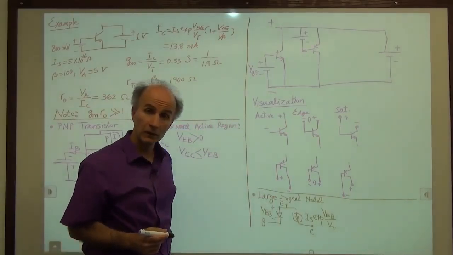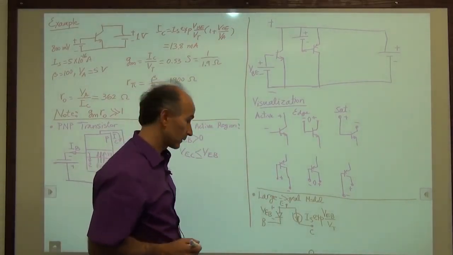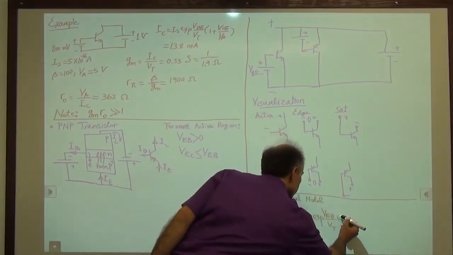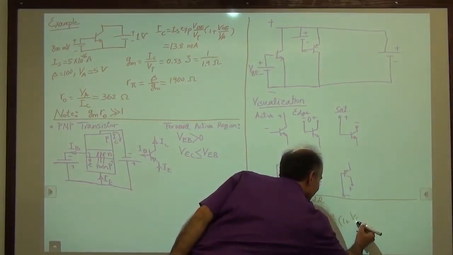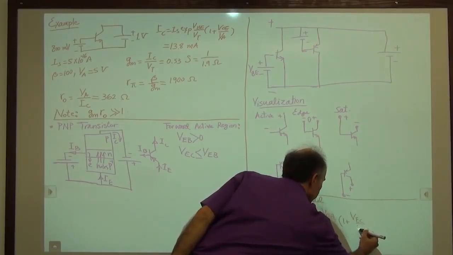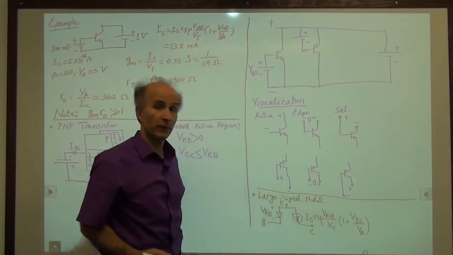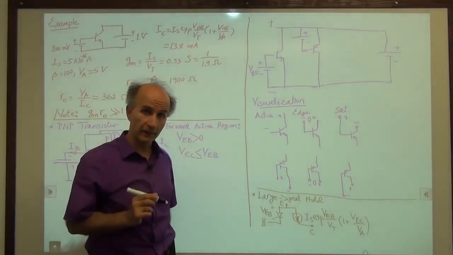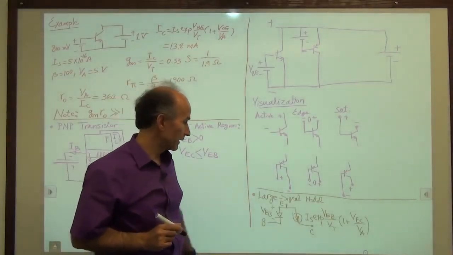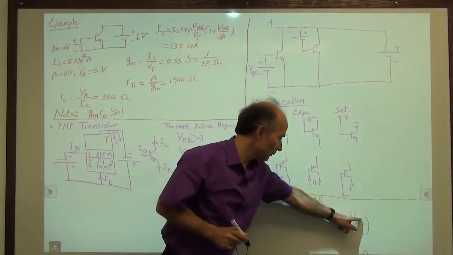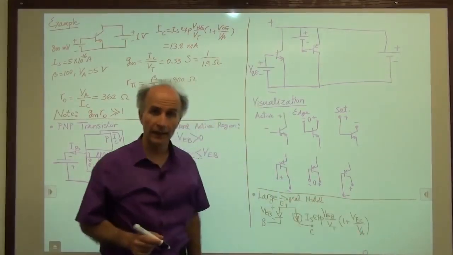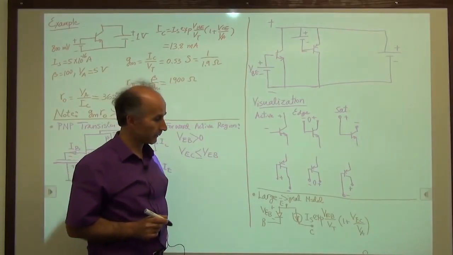If we want to include the early effect, we simply multiply this by 1 plus VEC over VA, assuming that VA itself is a positive number. So it's VEC because again E is more positive than C. So that would be VEC, and VA is a positive number.